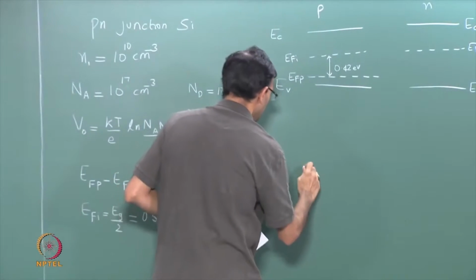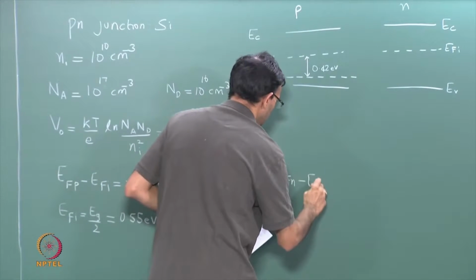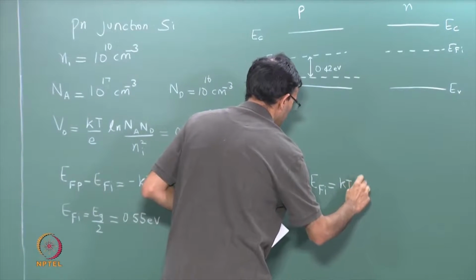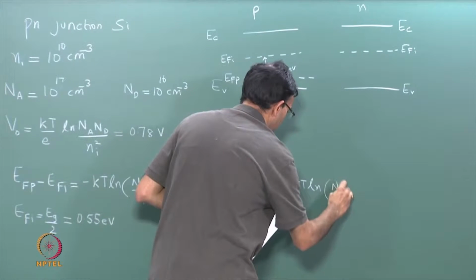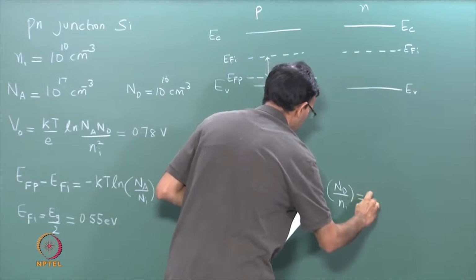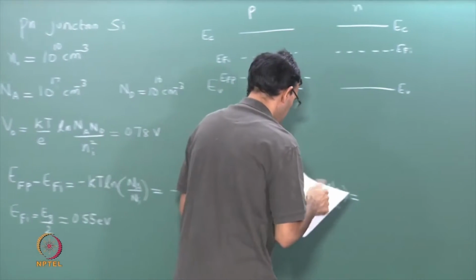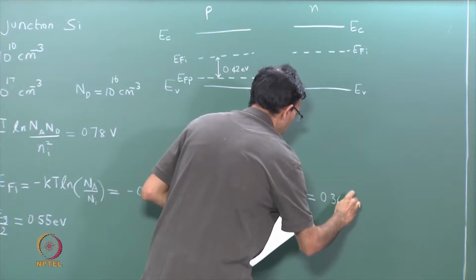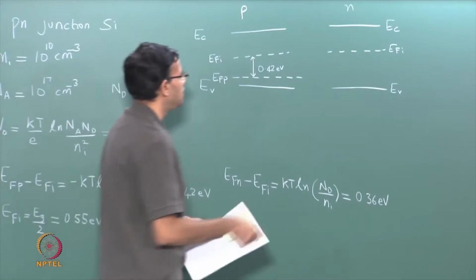We can do the same calculation for the n side. If we do the numbers, EFN minus EFI is KT ln, instead of Na it will be Nd over Ni. Once again we can substitute in the values and we get this to be 0.36 electron volts above the intrinsic Fermi level.